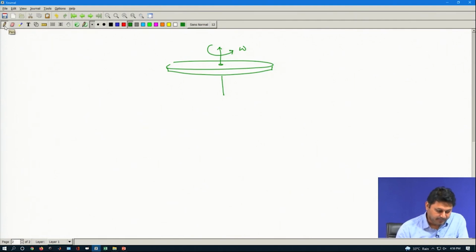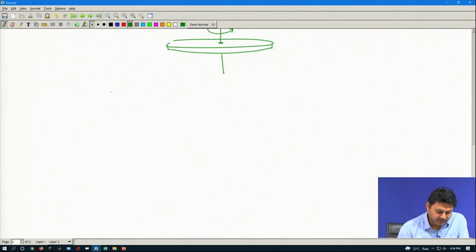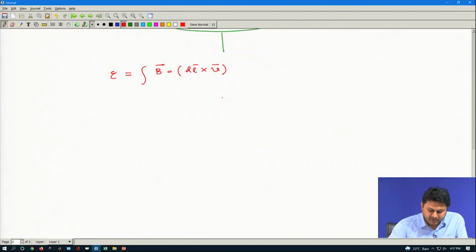This is the EMF that we are going to generate here. By the way, I derived in the last page that the EMF is the integral of B dot dl cross v. Now, dl cross v.